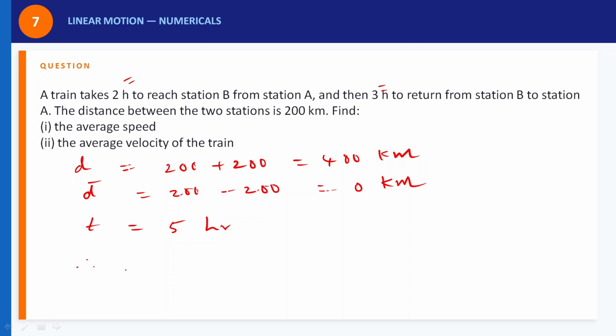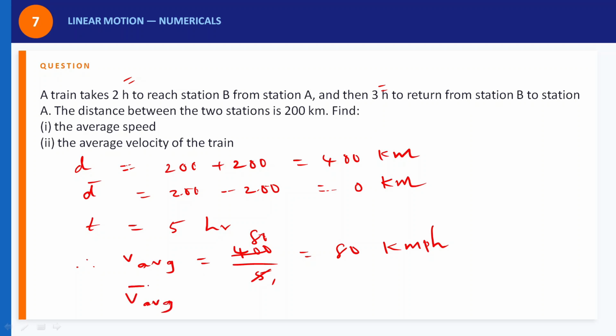Therefore, the average speed v equal to 400 by 5. 5 8s are 40, so you will get here 80 kilometer per hour. Average velocity is 0. Why is it 0? Displacement is 0.